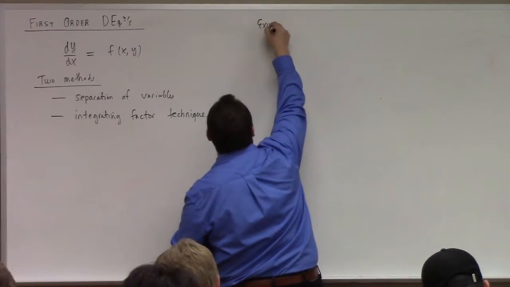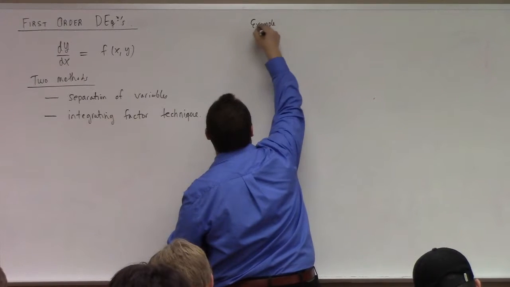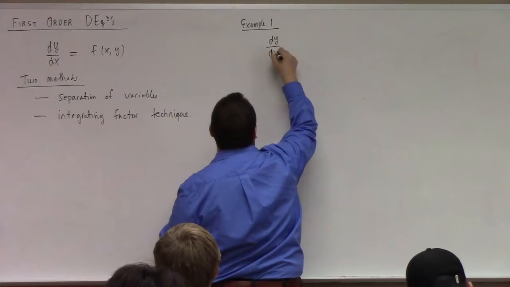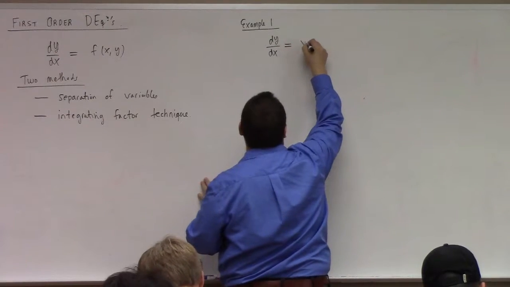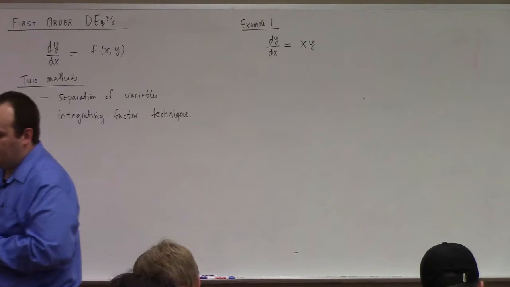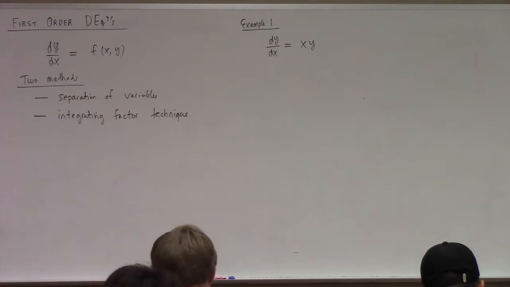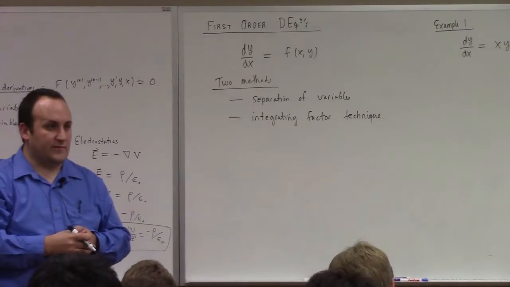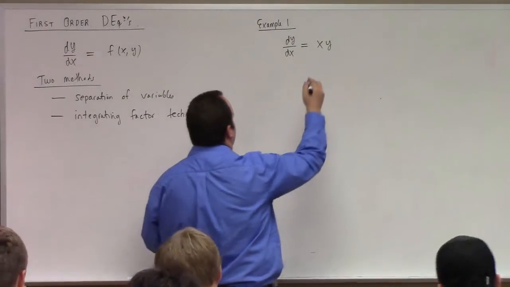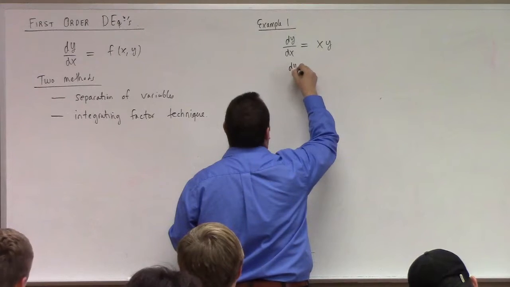It's really simple, this separation of variables one. So suppose you've got dy dx is equal to xy. What separation of variables says is separate the variables. Sorry, I'm full of all sorts of profundities today.